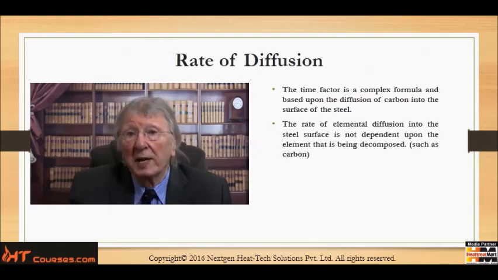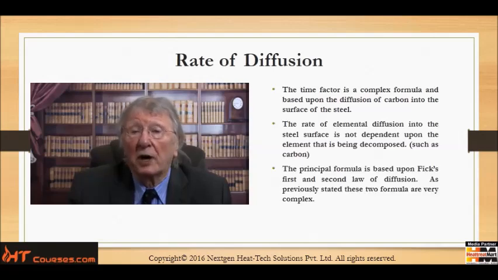The rate of elemental diffusion into the steel surface is not dependent on the element that is being decomposed, such as carbon. The principal formula is based on Fick's first and second laws of diffusion. Those are very complex. As previously stated, those two formulas are really extremely complex formulations.